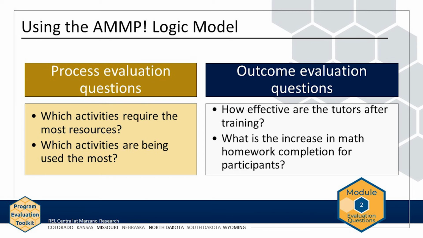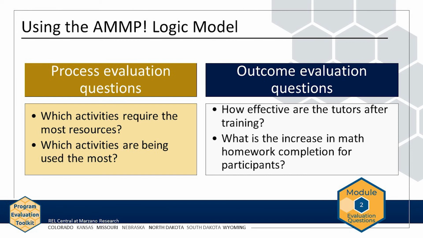AMMP likely differs from your own program, but using the AMMP logic model to draft process and outcome evaluation questions can be helpful. To write process evaluation questions, consider what an evaluation team might want to know about the AMMP implementation to inform potential changes. One question could focus on the cost of activities.